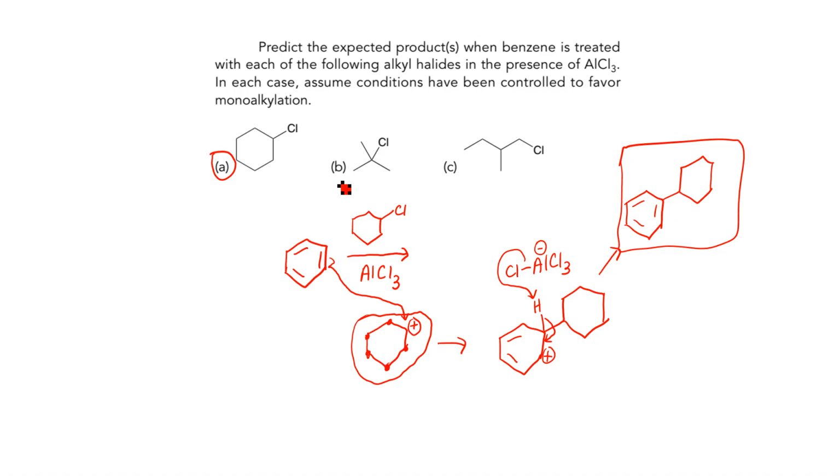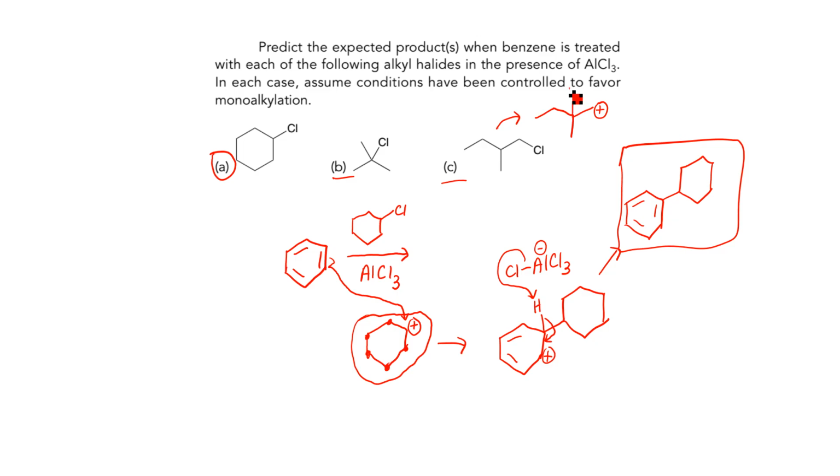Now, you can try B and C and ask yourself, whenever you're making a carbocation, hopefully you realize the trend: what's the active electrophile for part C? It's going to be this, right? When the leaving group leaves. Now, just by looking at that, you already know that's a primary carbocation. That is definitely going to rearrange, right?